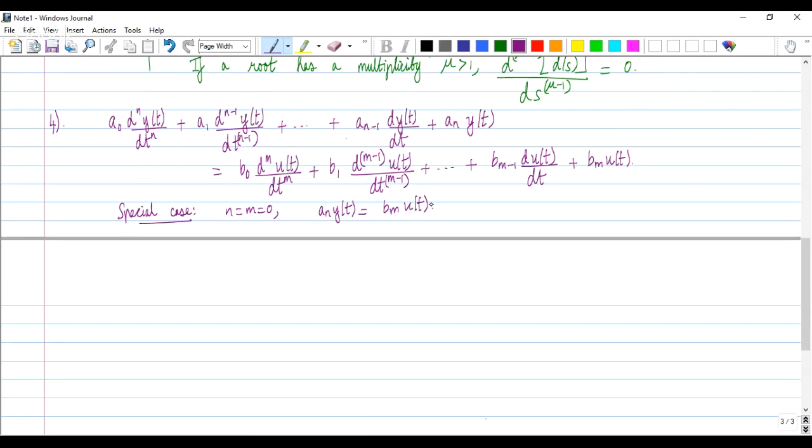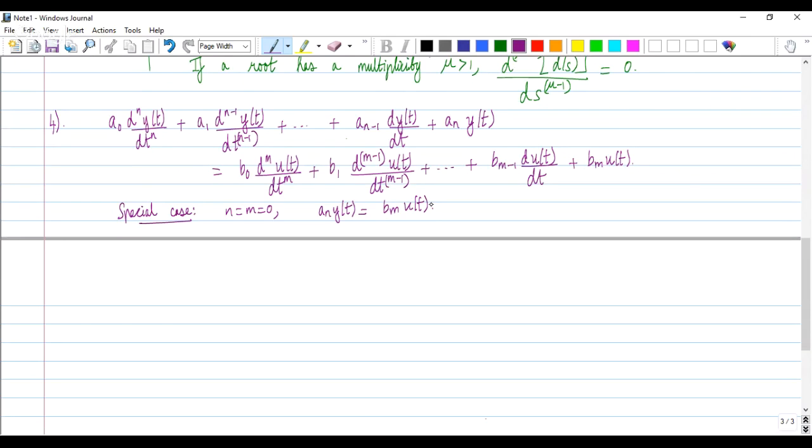So we have n equals 0 and m equals 0, and we get a governing equation of this particular form. So that is a specific case as far as this particular class of models is concerned.